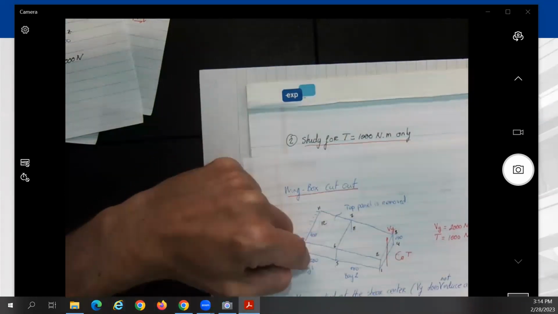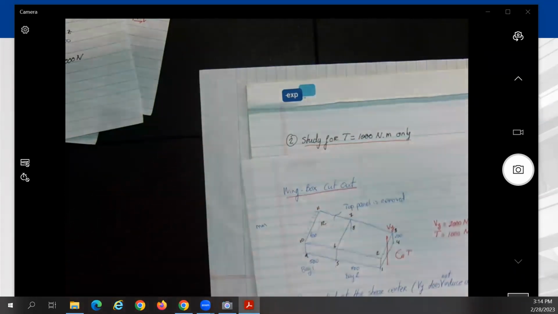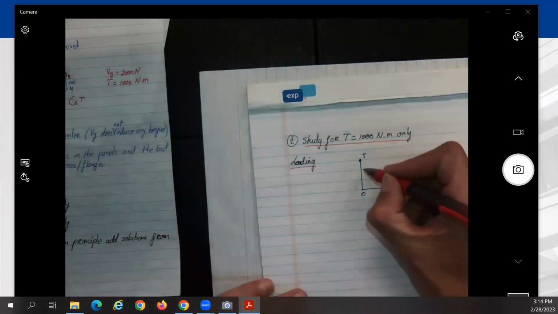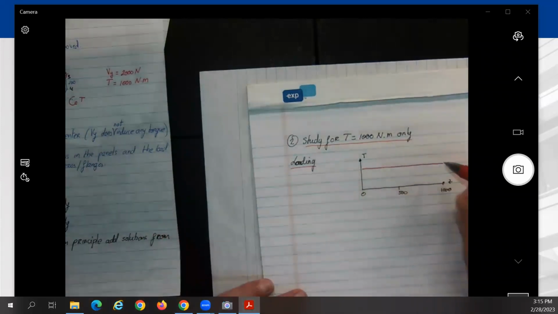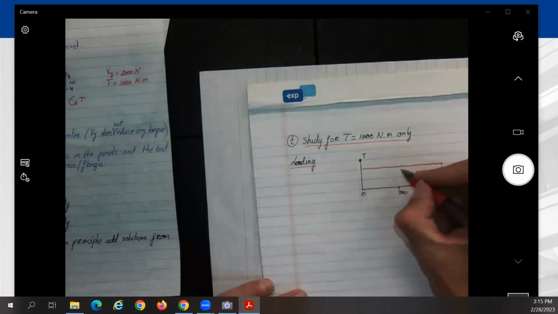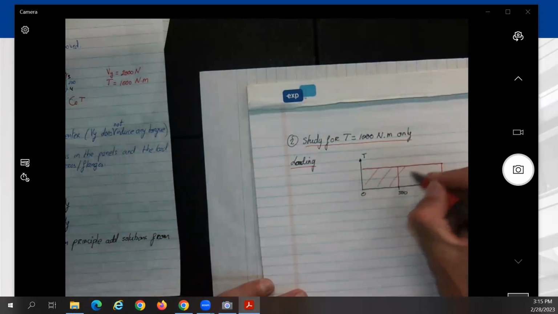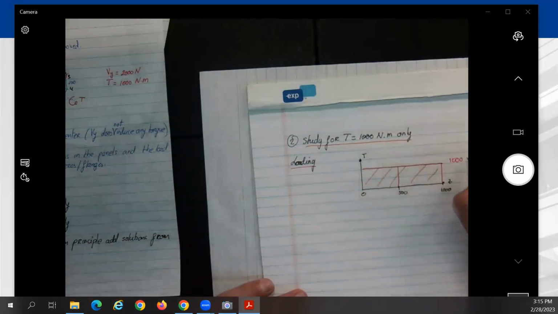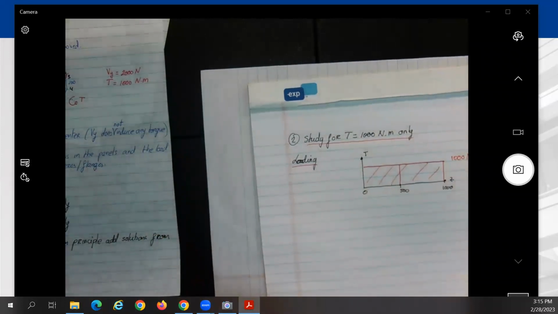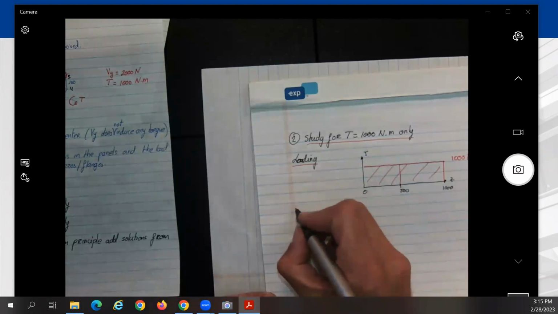And what should be at 9, 10, 11, 12? The same. Okay. So basically, it's like the shear. We can say that the torque would be constant over here, which is 1000 newtons.